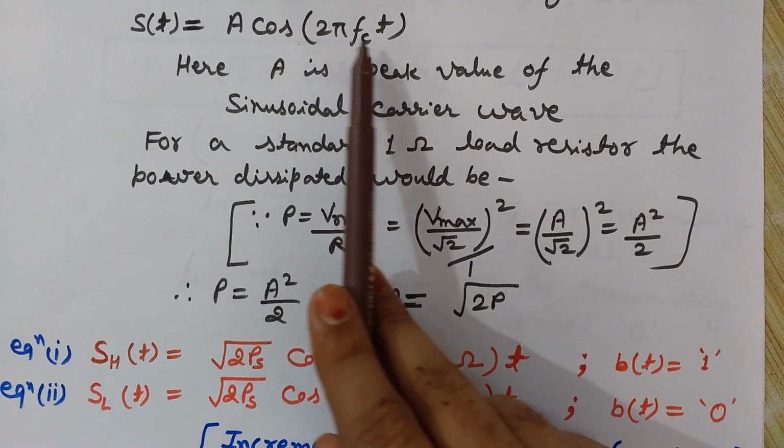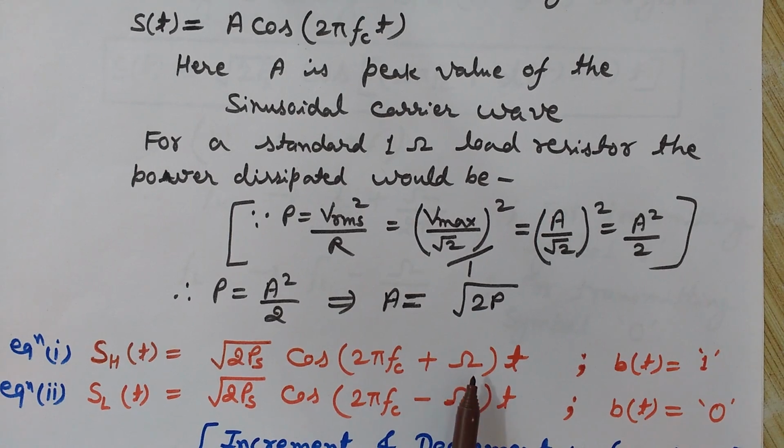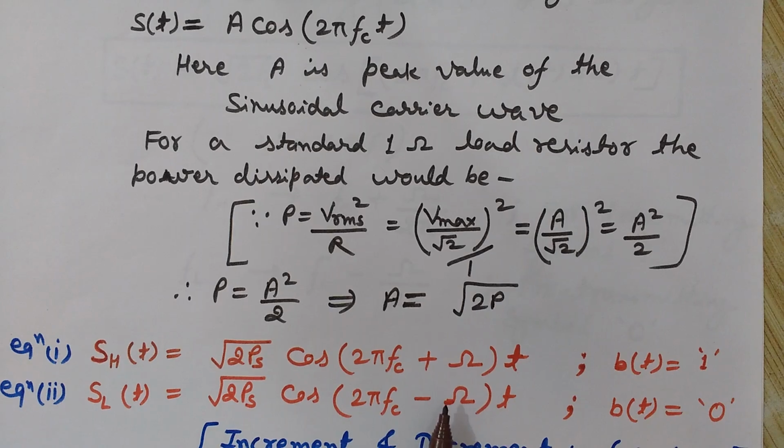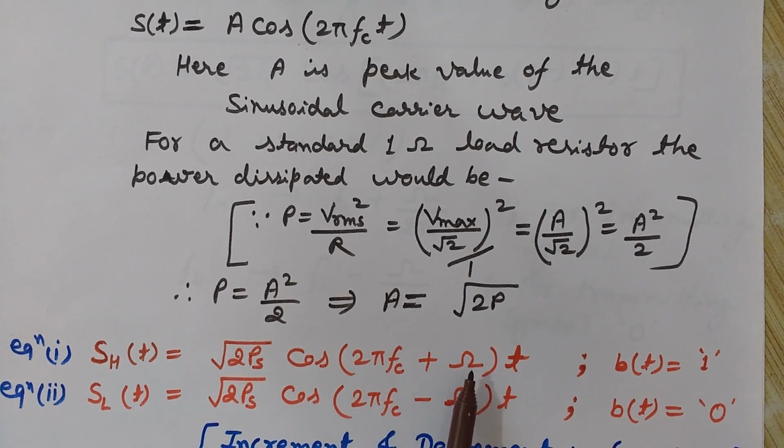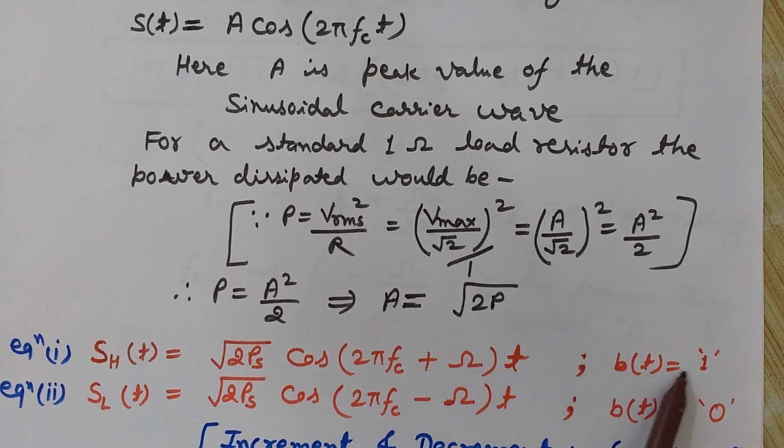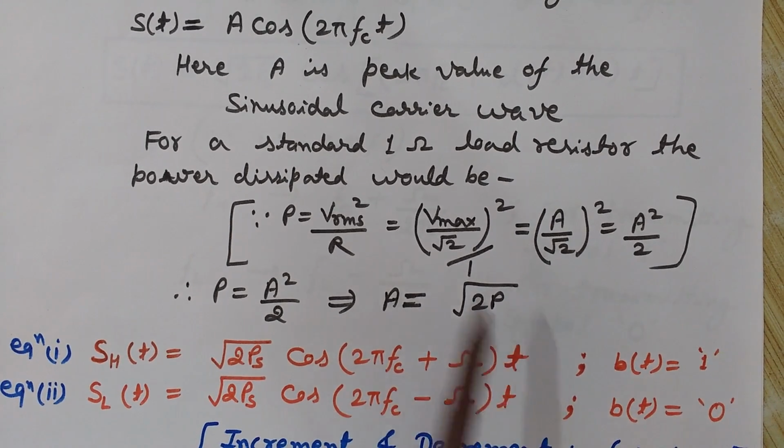So it is 2 pi fc plus omega if we are taking the high frequency component, which corresponds to binary symbol 1. And for binary symbol 0, this is the lower frequency component, decreasing the frequency of the carrier wave, that is 2 pi fc minus omega. So it is plus omega for the high frequency component corresponding to binary input 1, and minus omega, 2 pi fc minus omega, for binary input 0, multiplied by t.